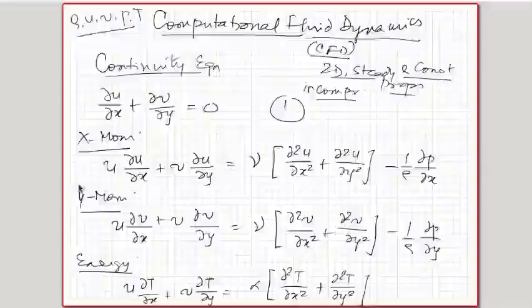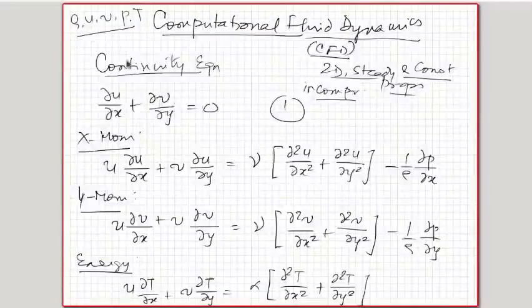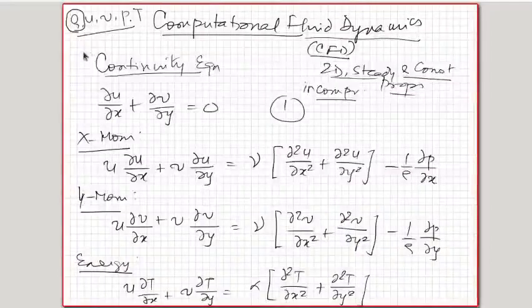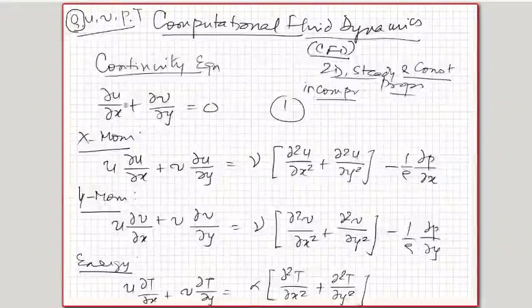There are 5 unknowns and only 4 equations. Since density is usually taken to be a constant, or a function only of temperature, it can be evaluated directly. So you get u, v, p, T, and you have 4 unknowns and 4 equations: 1, 2, 3 and 4.